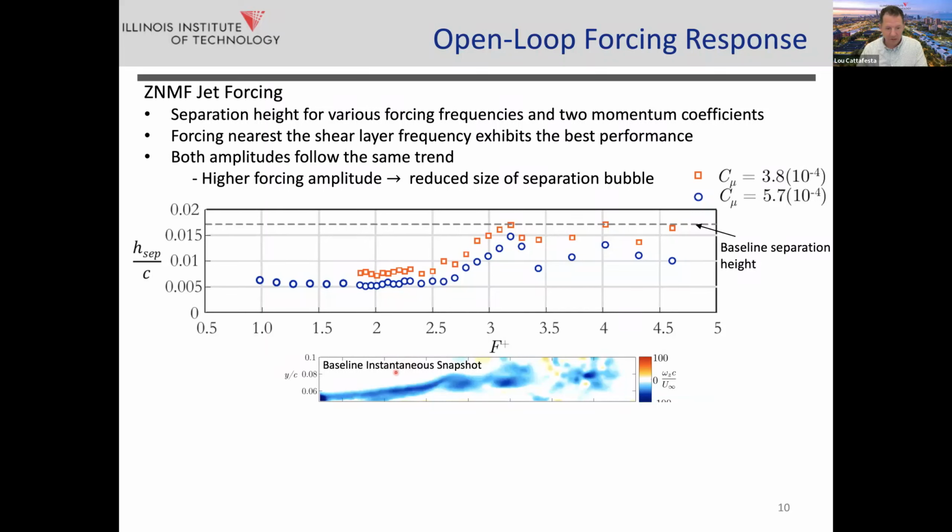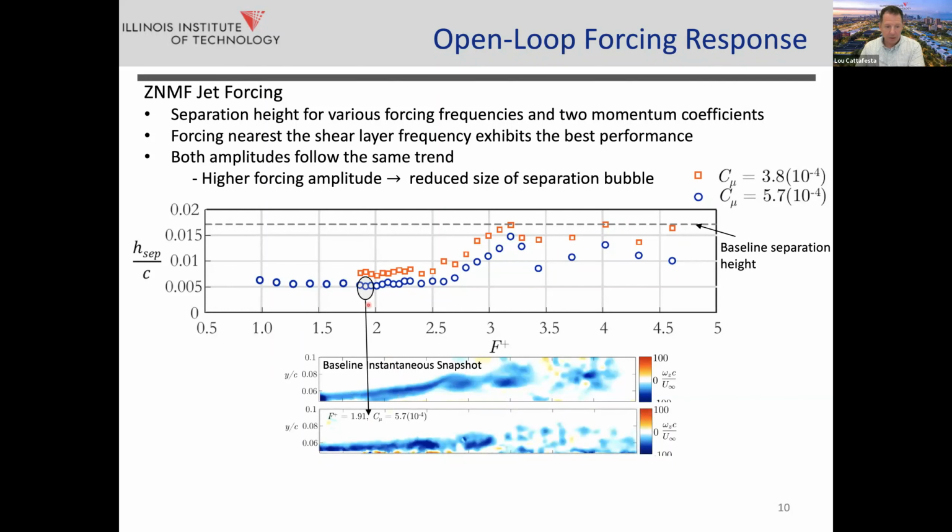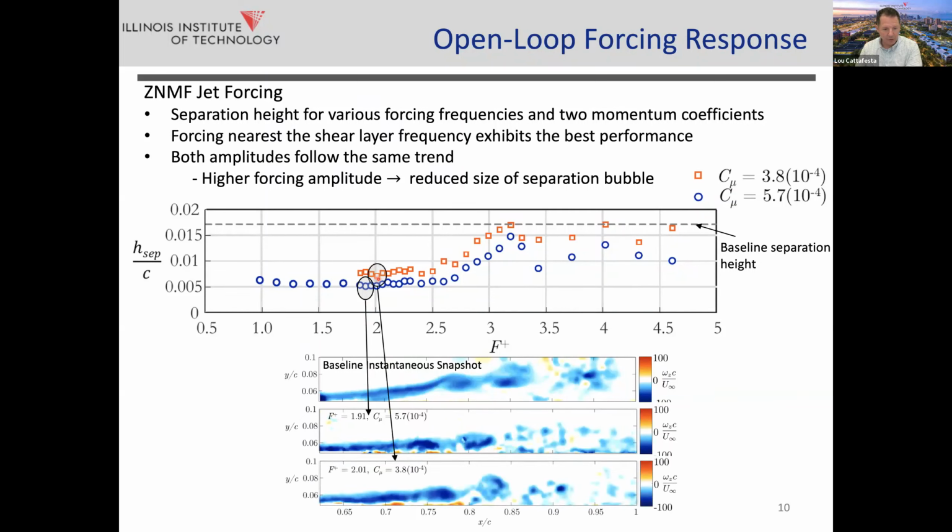Okay, this is an instantaneous snapshot of the baseline separated flow. And this is a snapshot of the case where we're forcing at this F plus around 1.9 with the corresponding C mu. You can see that it's clearly reattaching the flow and creating a turbulent boundary layer further downstream. And this is just one other case at a slightly different condition.